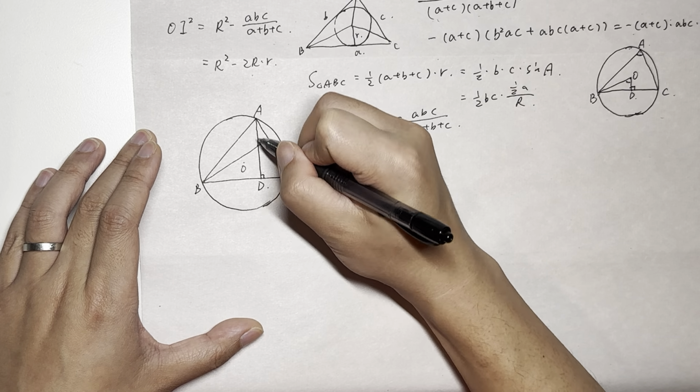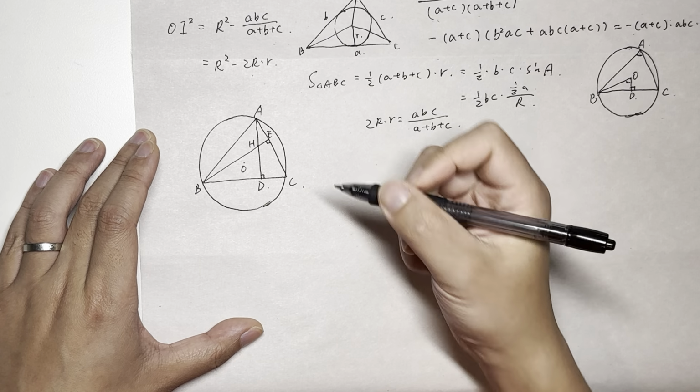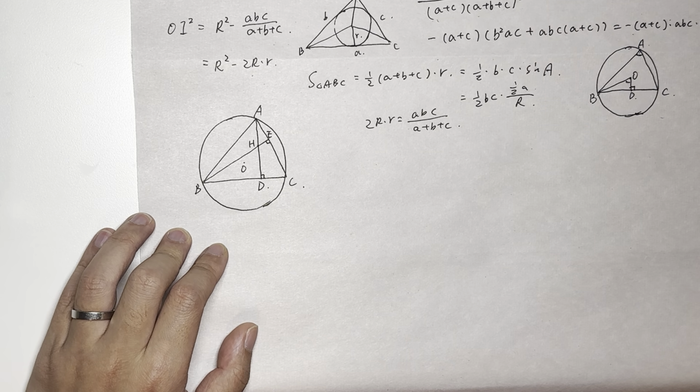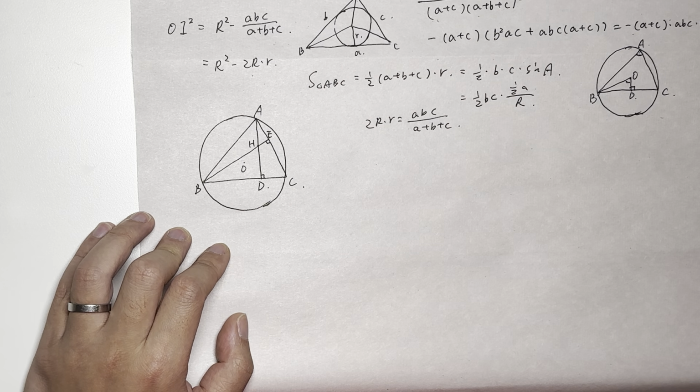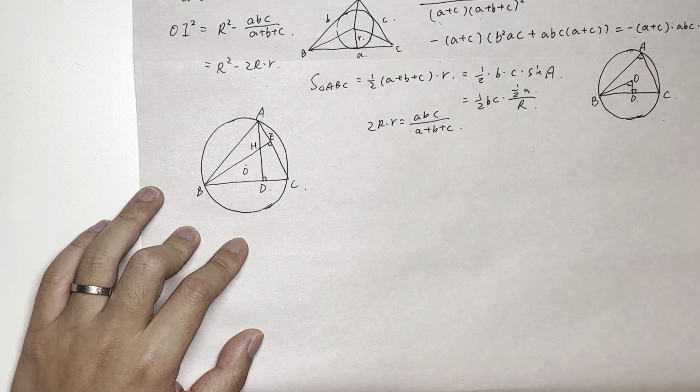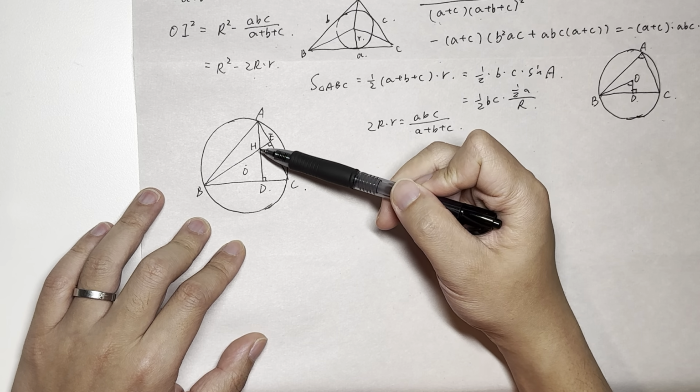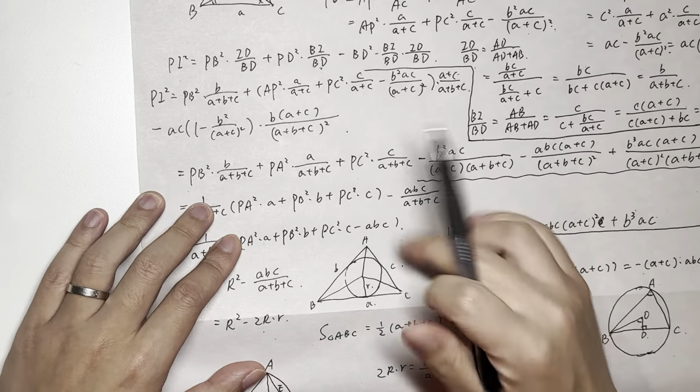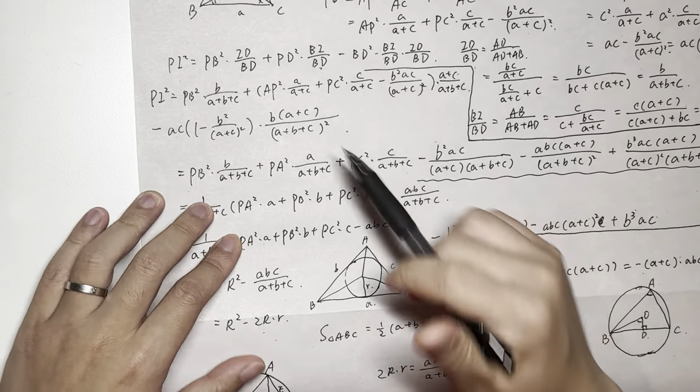This is O. This is H. This is E, right? So we want to use this equation, right? We want to use that PI squared equals to this one. Right here, the P point would be the orthocenter H. So we need to find what is HA, what is HB, what is HC, right?